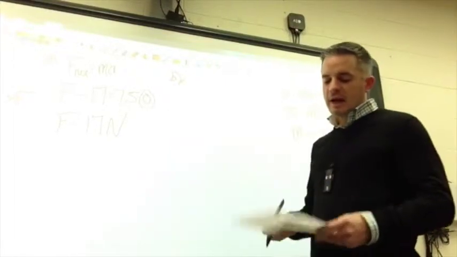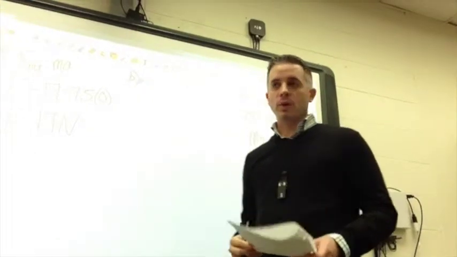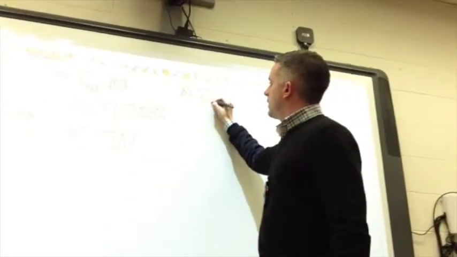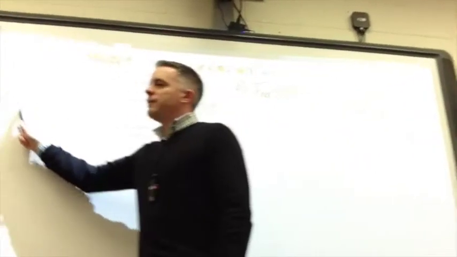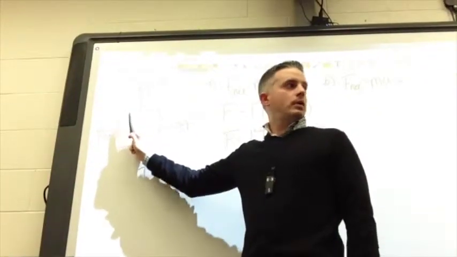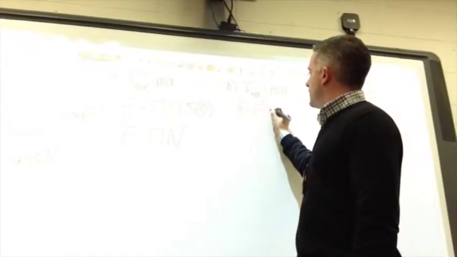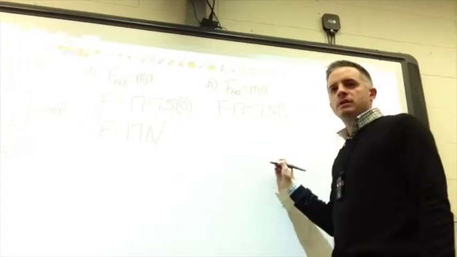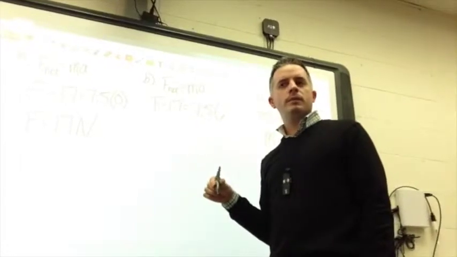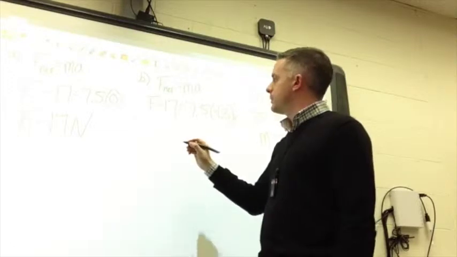Part B then says, find F if the box has an acceleration of negative 1.3 meters per second squared. So we start the same way. F net equals ma. Have our forces changed at all going from A to B? They haven't, so I can write F minus 17 equals 7.5 times the acceleration, which for part B is negative 1.3.